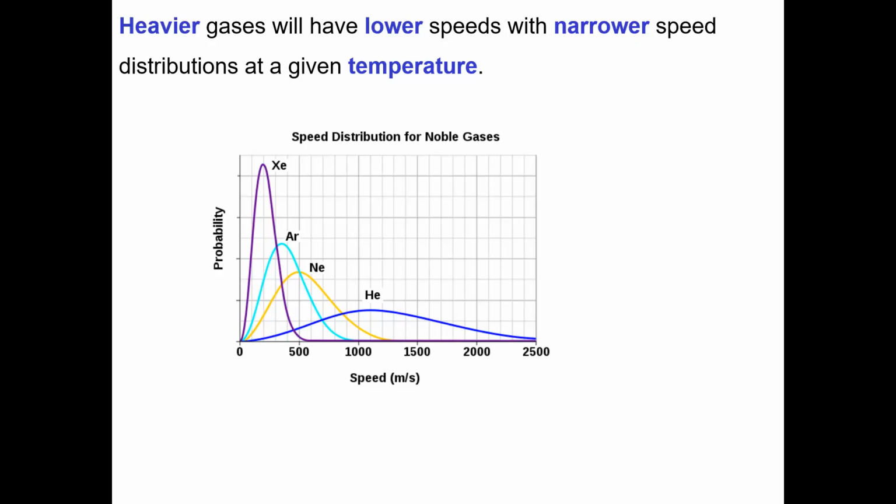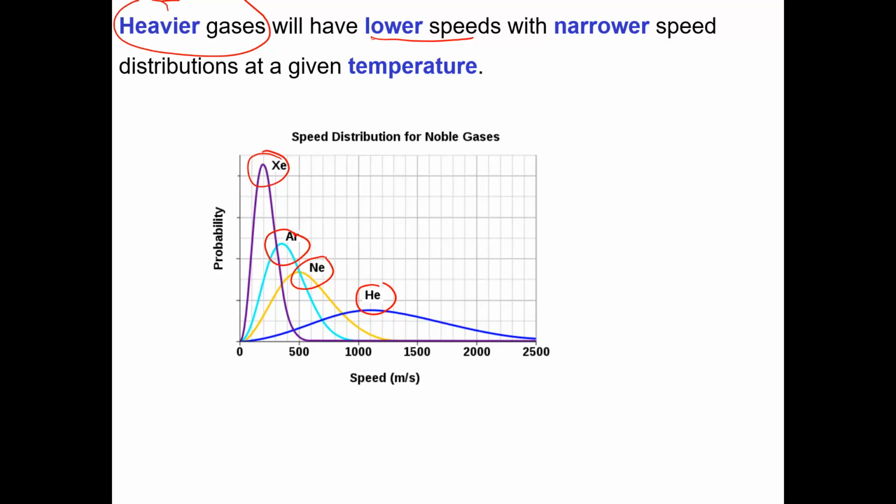So, what this is saying to us is that heavier gases on average will be moving at lower speeds. And what we find is that heavier gases will have a lower most probable speed, but they will also have a narrower distribution of speeds at a given temperature.